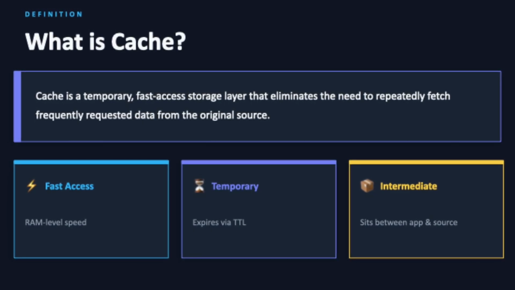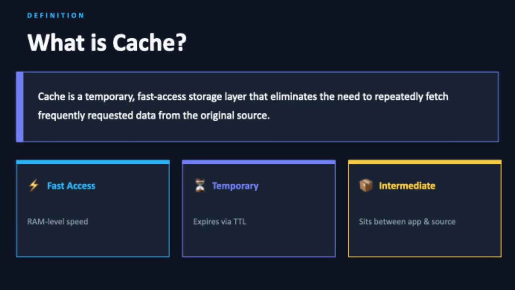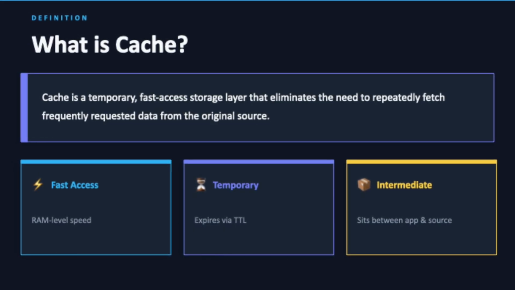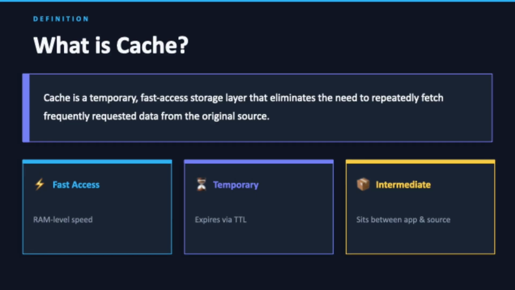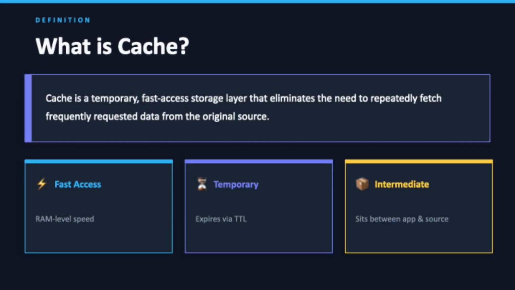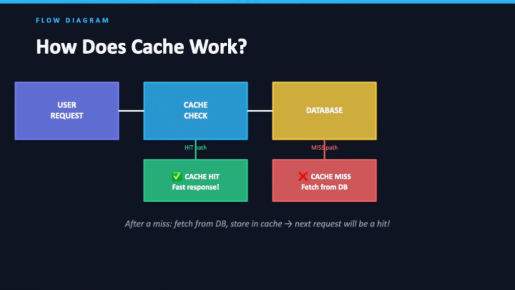Three key properties to remember. Cache is fast because it lives in memory. It is temporary because data expires via a TTL, and it is intermediate, sitting between your application and the data source.